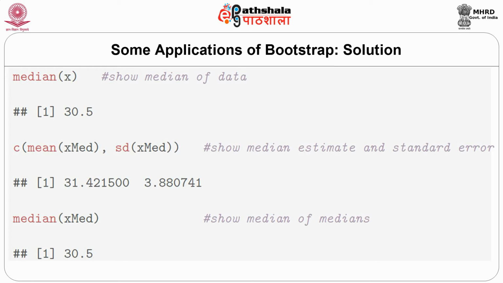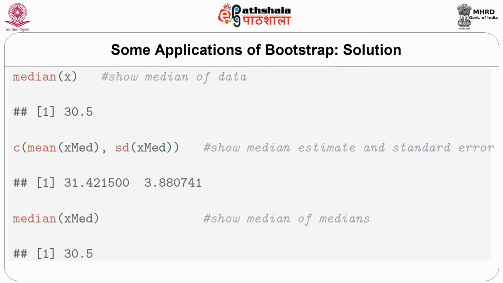it is really difficult to get a standard error of the median in one shot from this, but using the bootstrap we can always get the standard error of the median. So, if we use mean of x median, it comes out to be 31.421500, and sd of x median gives the standard error of the medians, which is 3.880741.